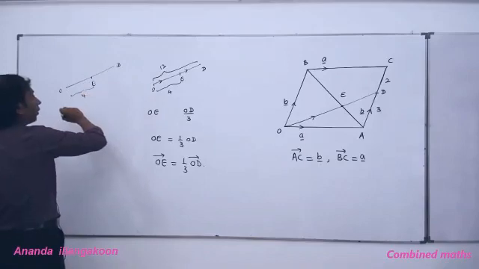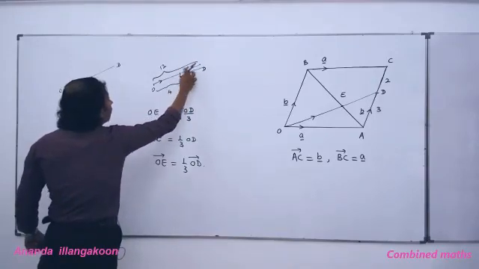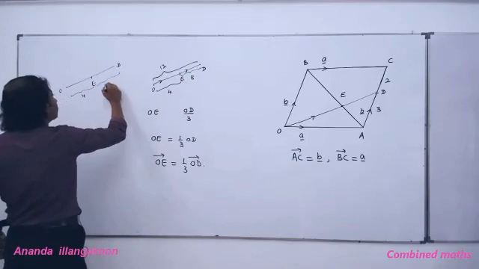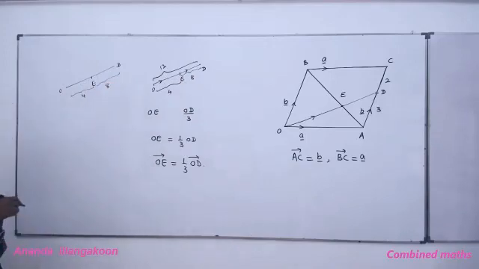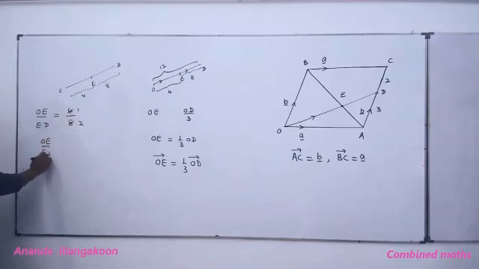Then what is ED? OD is 12, and when you subtract 4, this is 8 units. If I take the OE to ED ratio, OE is 4 and ED is 8. You can cancel down by 4 and we get 1:2. This way we get the ratio.